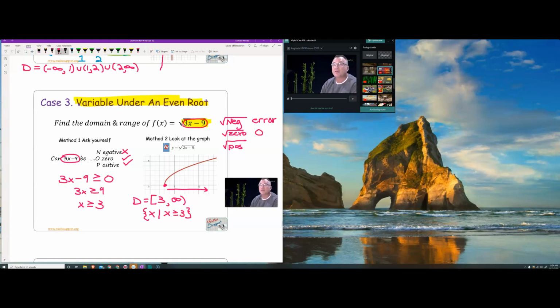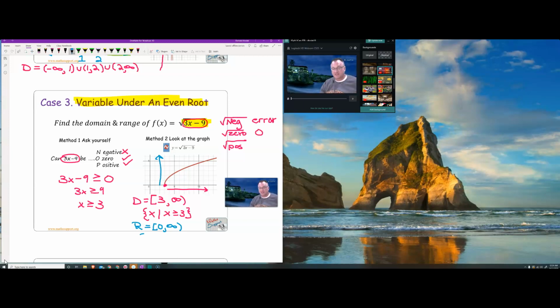Okay, my range in this case is from 0 to infinity, because this graph would keep going up, up, and up. So my range would include 0 because it touches the x-axis, up to infinity. And that is my range.